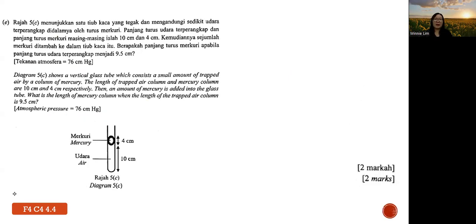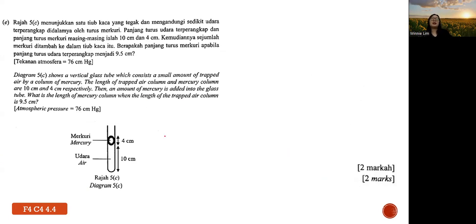Now E. Diagram 5C shows a vertical glass tube which contains a small amount of trapped air held by a column of mercury. The lengths of the trapped air column and mercury column are 10 cm and 4 cm respectively. Then an amount of mercury is added into the glass tube. What is the length of the mercury column when the length of the trapped air column is 9.5 cm?